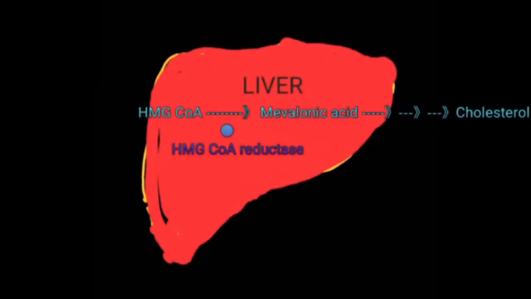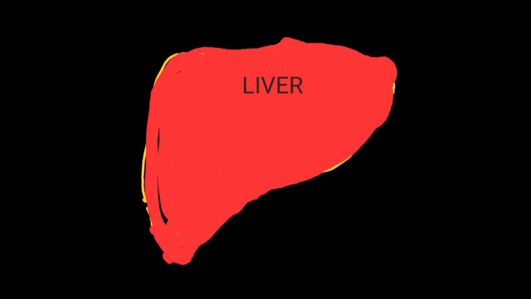A second way cholesterol can regulate the activity of HMG CoA reductase is that the concentration of cytosolic cholesterol inside hepatocytes can regulate the gene expression of HMG CoA reductase in the liver.